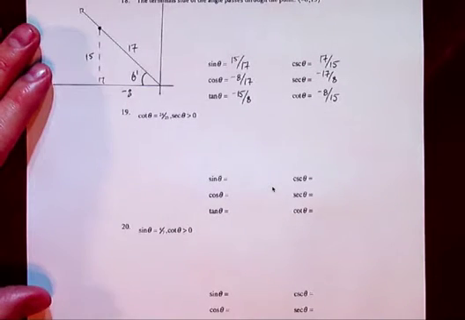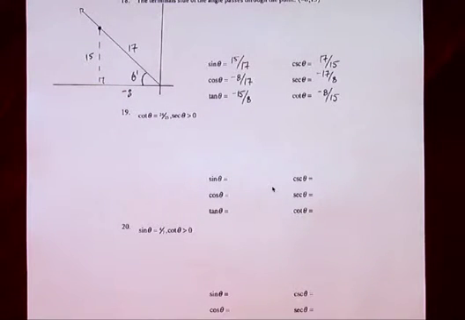19 gives me a cotangent ratio of 24 over 25. Now, if you're thinking to yourself, there's a Pythagorean triple that has those values in there, you'd be right. It's 7, 24, 25.